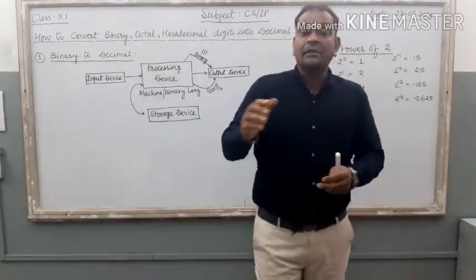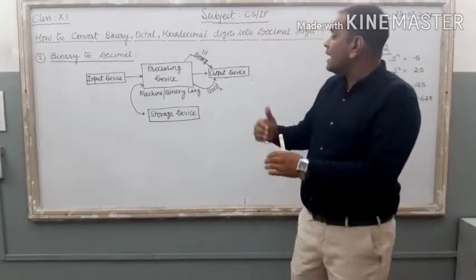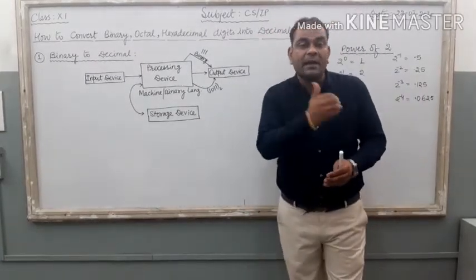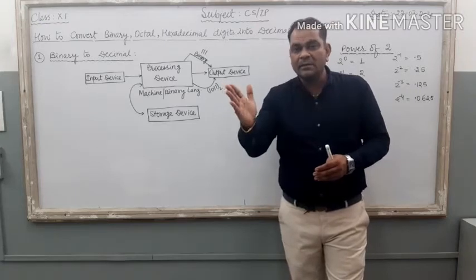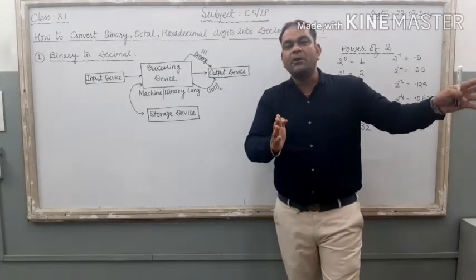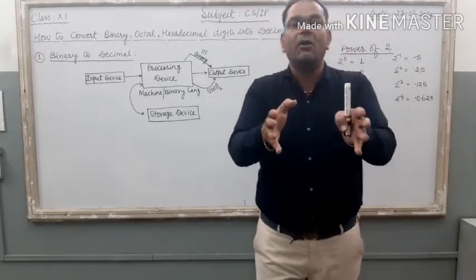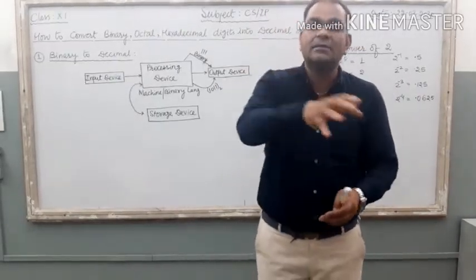Dear student, as you know, a computer system has four different devices: input device, processing device, output device and the auxiliary device, or we can say storage device.